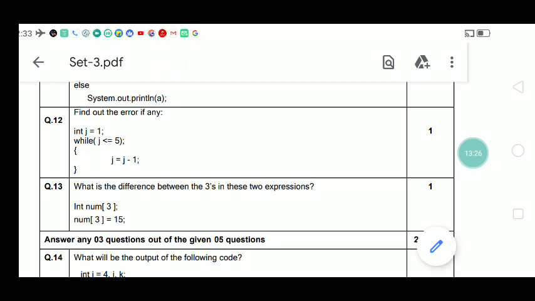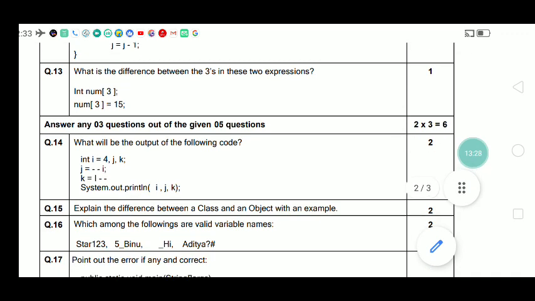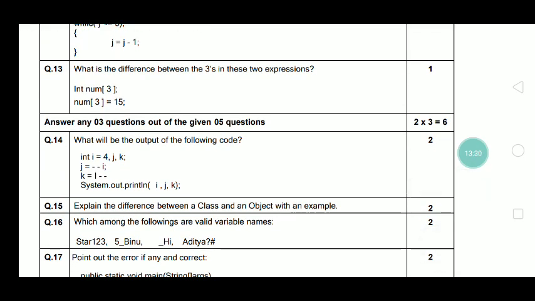Okay, so next comes question number 14. What will be the output of the following code? Integer i equal to 4, next j and k, these are of integer type. So j equal to minus minus i, where double minus means a decrement operator, and k equal to i minus minus.